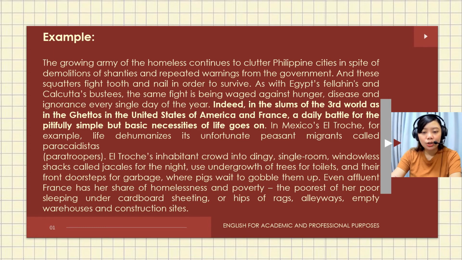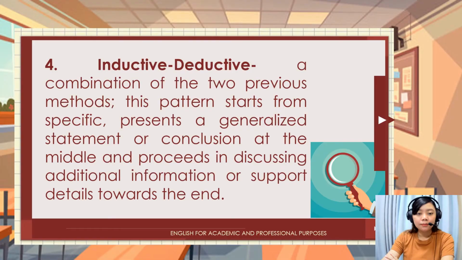We have made mention of undergrowth of trees for toilets, pigs waiting to gobble them up, tourists sleeping under cardboard sheeting, heaps of rags, warehouses, and construction sites. If you notice, the first part and the last part all boil down to the specific situations of the people living in the slums of the third world country. So that's our thesis statement.